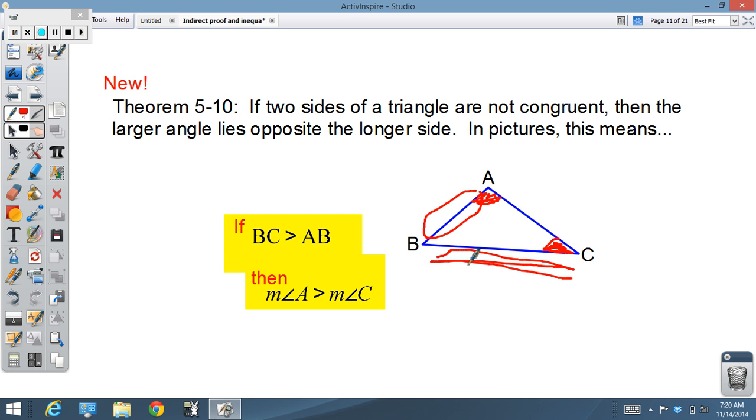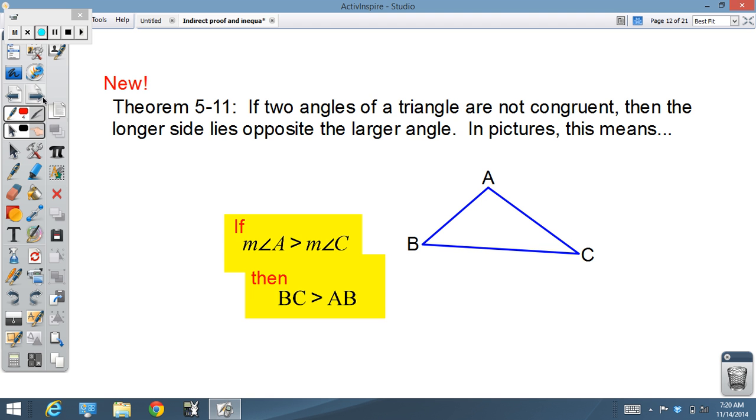If the longer side of the triangle, the opposite angle must be bigger, okay? And the converse is also true.